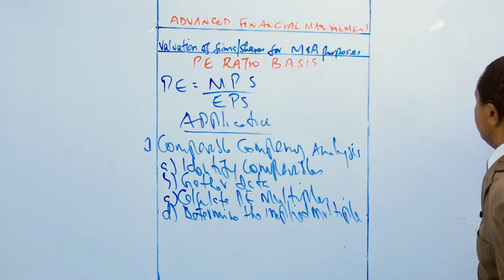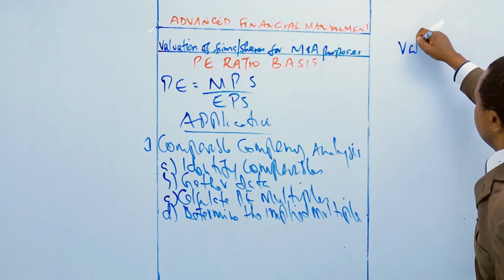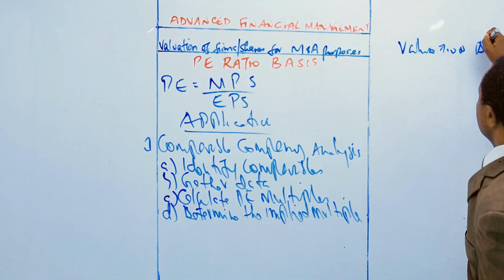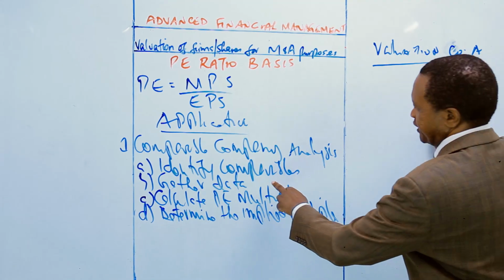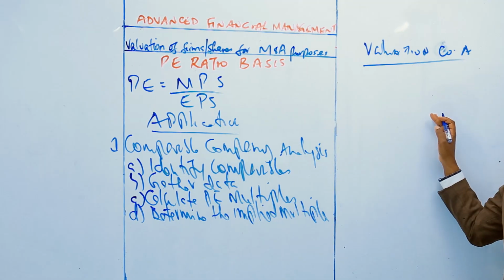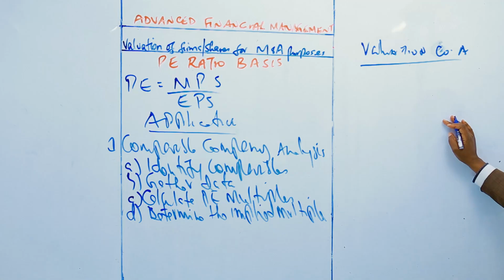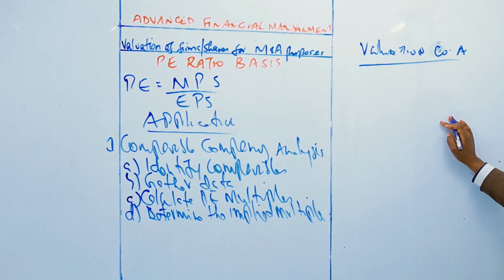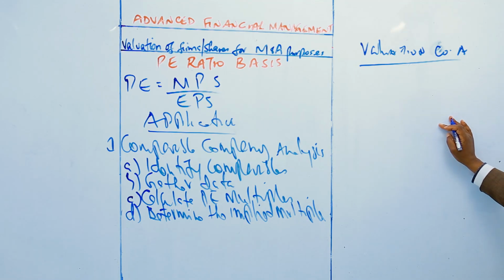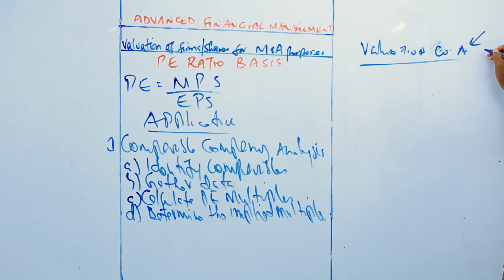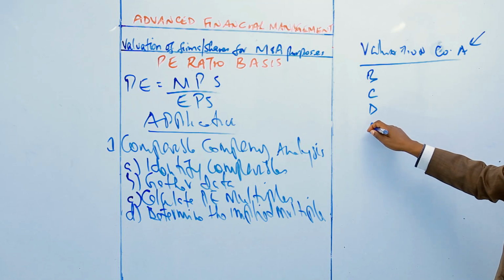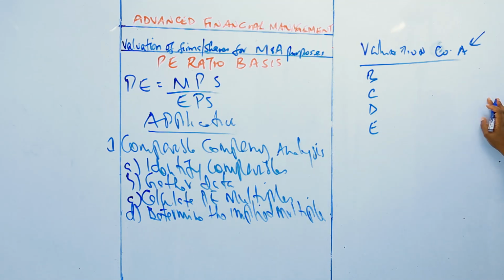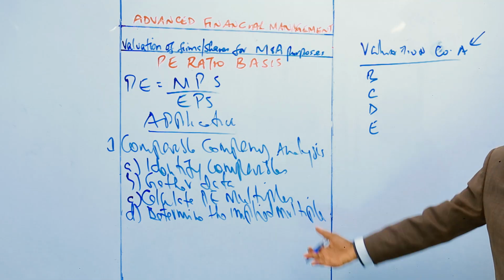If you are to value company A, first of all, identify comparables. How do you identify the comparables? You take a group of publicly traded companies that are similar to the target company. This is the target company. Take, for example, company B, C, D, E. Step number 1, identify the comparables, the peer companies.